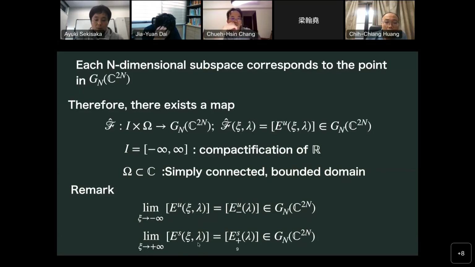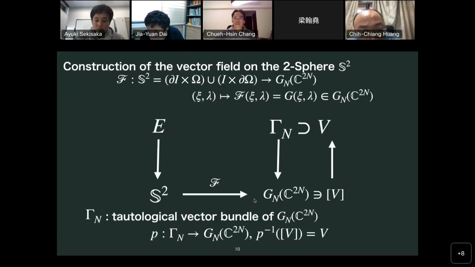And E^S(xi, lambda) converges to E^S_plus(lambda), the stable subspace with respect to the constant matrix A plus lambda.